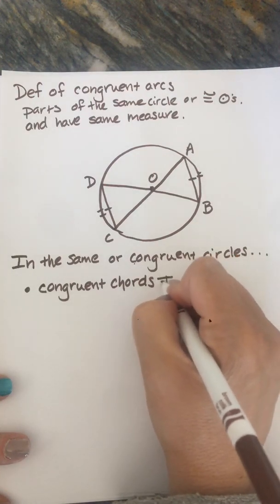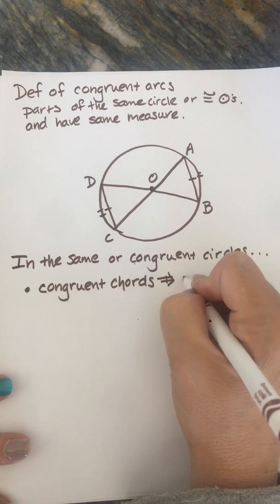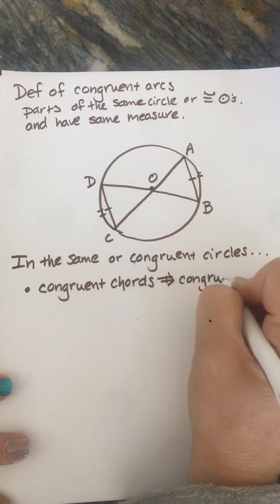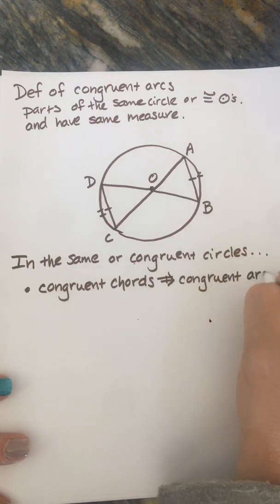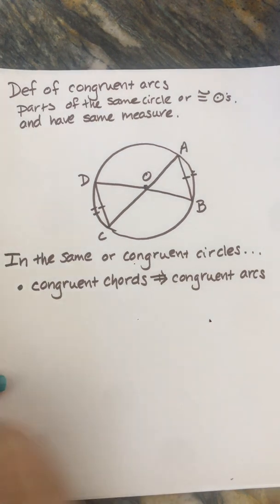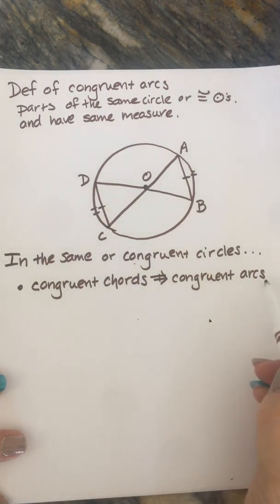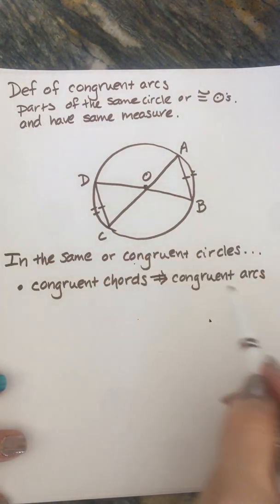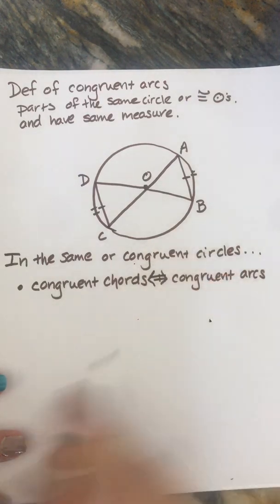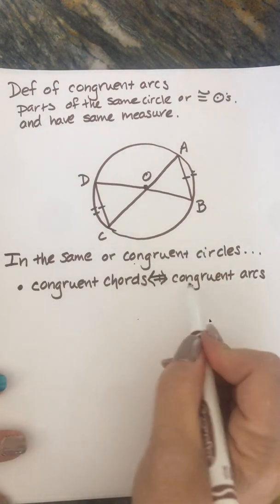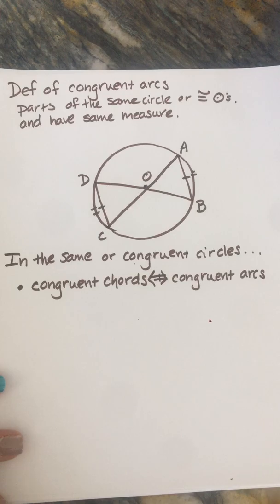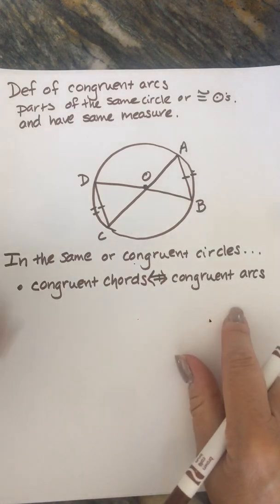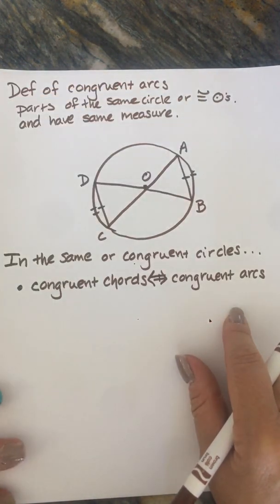I'm going to do a little arrow like this. Here we go. Then congruent arcs. Likewise, if we have congruent arcs, then we have congruent chords. So this arrow can go both directions. So let's speak specifically to this particular situation.